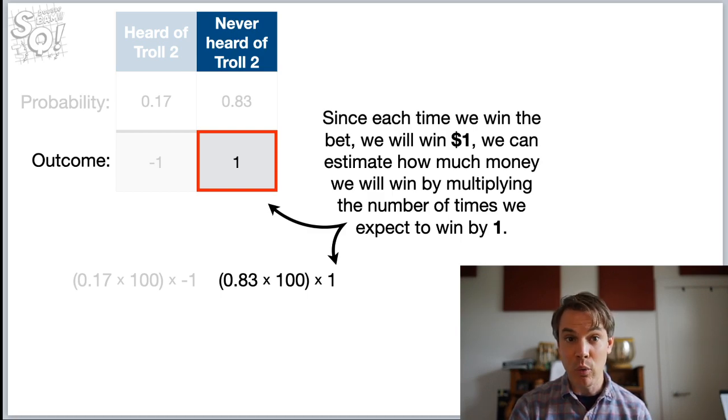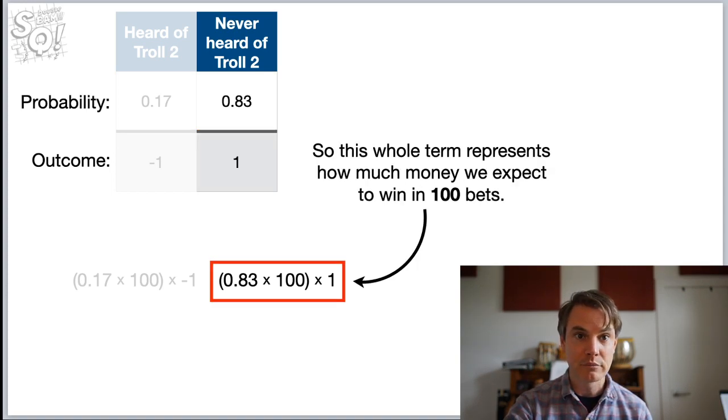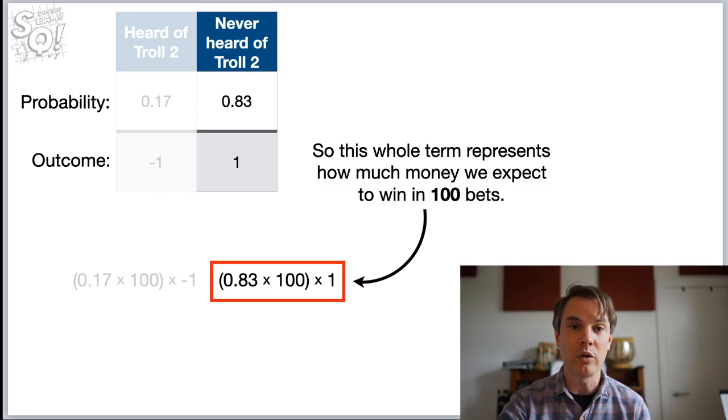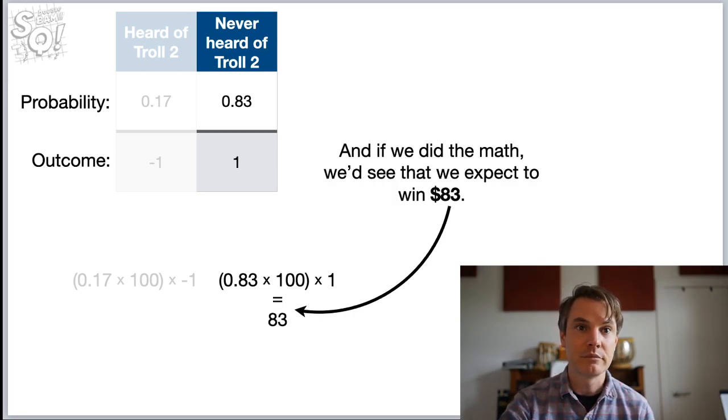Since each time we win the bet, we win $1, we can estimate how much money we will win by multiplying the number of times we expect to win by 1. So this whole term represents how much money we expect to win in 100 bets. And if we did the math, we'd see that we expect to win $83.